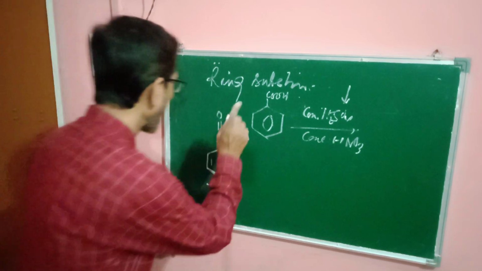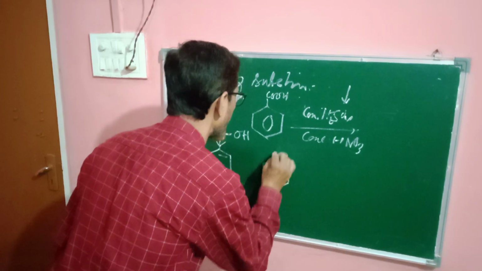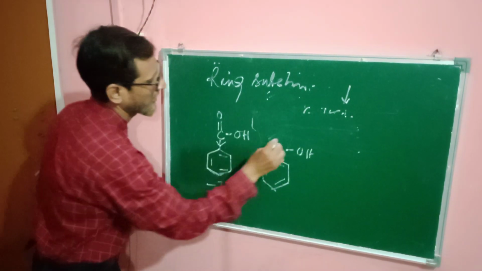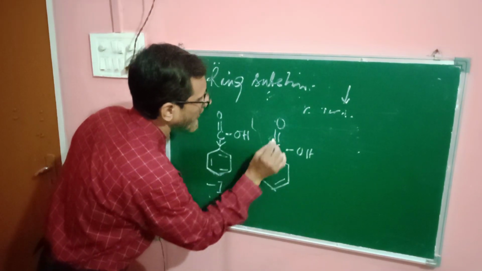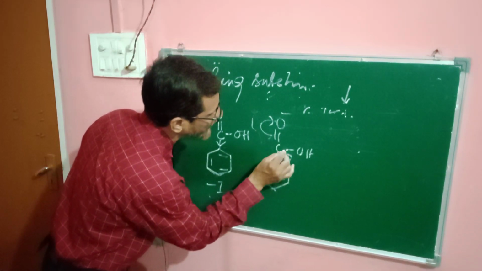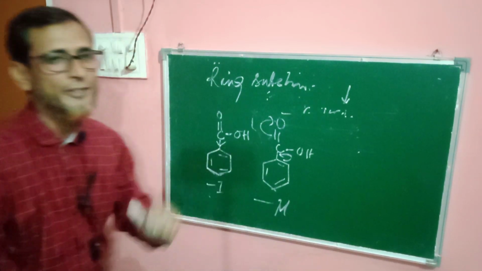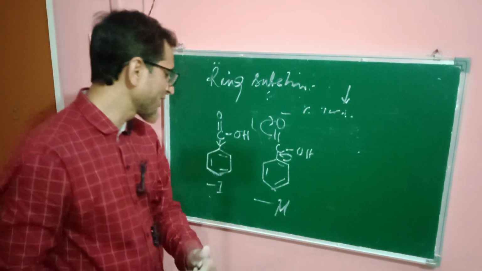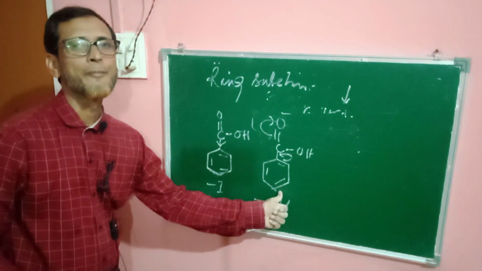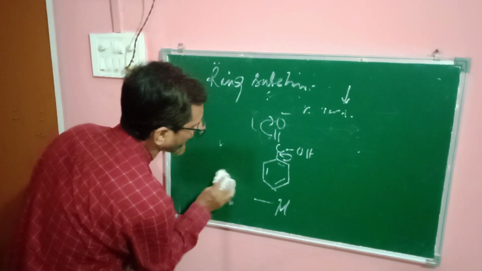Another thing, follow this minutely: when this withdraws electrons, this becomes plus, and that plus withdraws further. This is the minus M effect. There is a fight between the minus I effect and the minus M effect, but finally it is seen that the minus M effect overpowers the minus I effect. So it deactivates the ring. How?